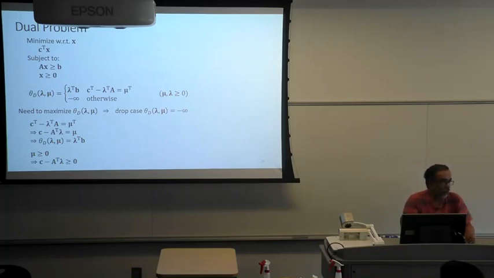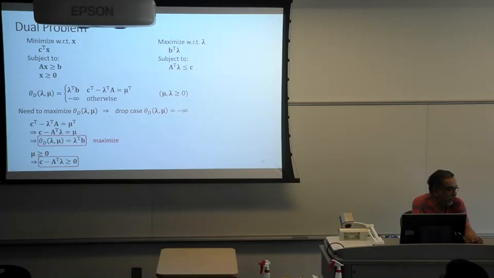Now we want to formulate the dual. Do we really need lambda and mu? We want to maximize this. Now it's a function of only lambda here. And we have these constraints, so this is what we want to maximize. And then I have this, let me put it as a constraint. And then lambda is greater than or equal to 0. I don't need the mu's.